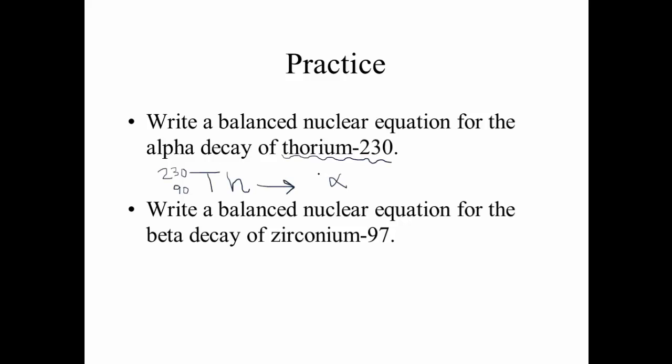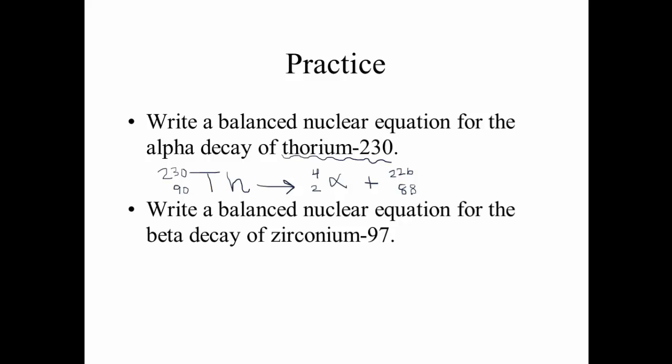So I'm going to put an alpha particle on the product side, 4/2 alpha, and then this is like baby math to figure out what the product is. The top number is 230, but we lost 4. So big surprise there, it's 226. Okay. Bottom number started at 90, but we lost 2 on the bottom. So it's 88. And now we need to figure out what element it is.